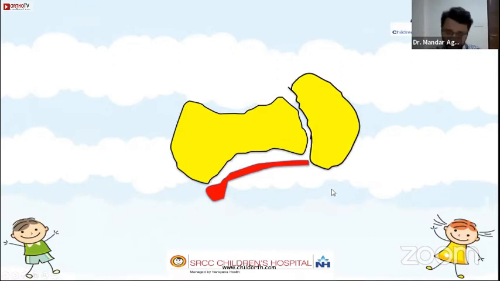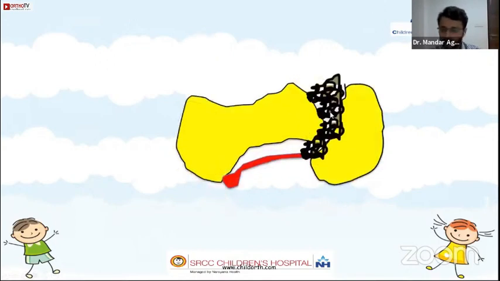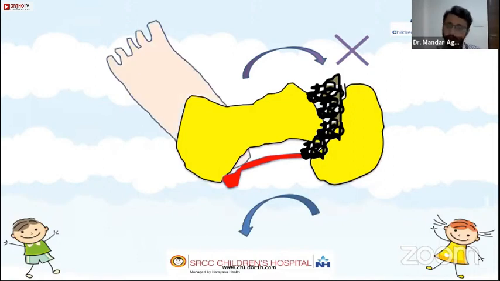In slip, the proximal femoral metaphysis goes anteriorly, and the epiphysis goes slightly posteriorly, which is a chronic process with a lot of callus here. That leads to decrease in the internal rotation of the hip, and that leads to out-toeing of gait.